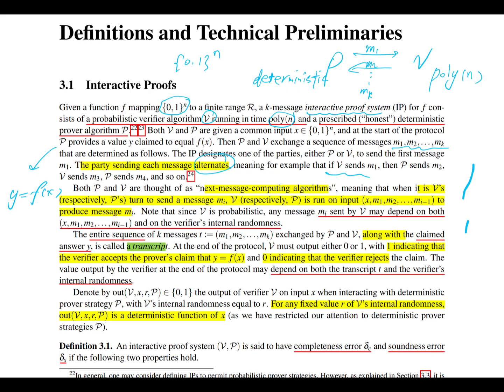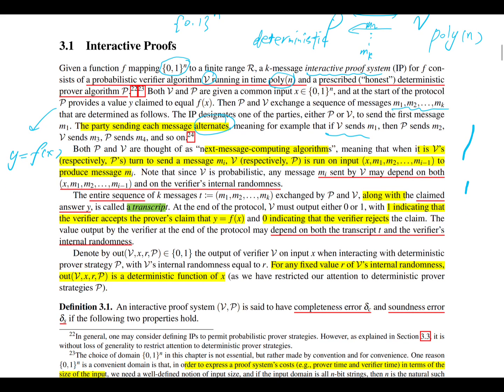Both P and V are next-message computing algorithms, meaning that when it is V's turn to send a message, V is running on input x, M1, M2 to M(i-1) to produce message Mi.